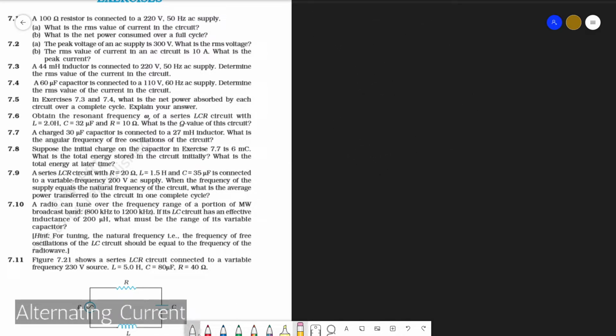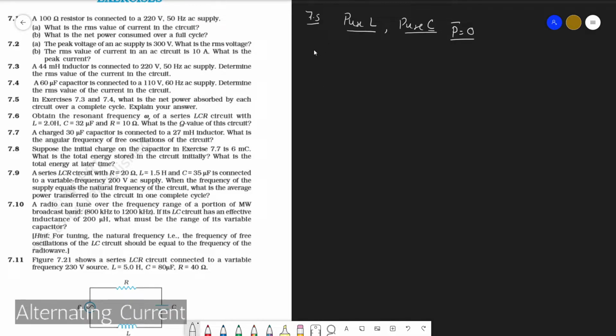In this question 7.5, he is asking about the net power. For a pure inductive circuit and a pure capacitive circuit, the average power consumed over a cycle is 0.